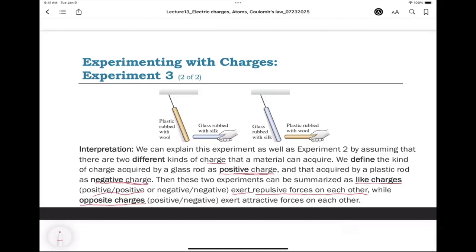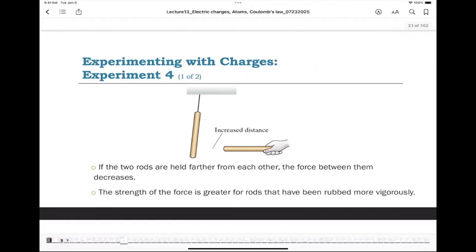To summarize, there are like charges, which means two things with positive-positive or negative-negative charges, or opposite charges, where one is positive and the other is negative. Okay, let's continue. Let's check the other experiment.